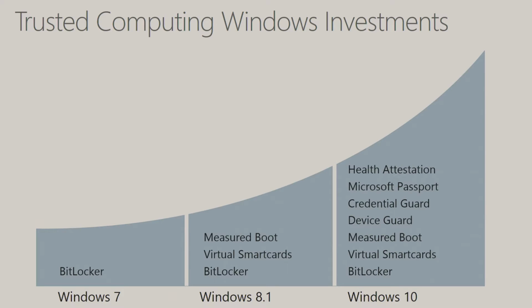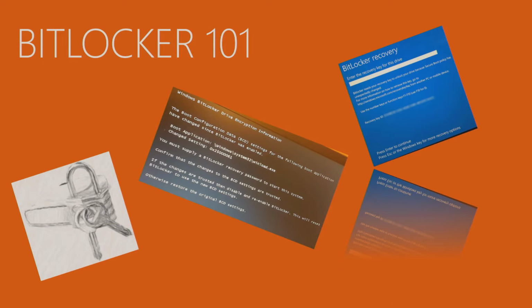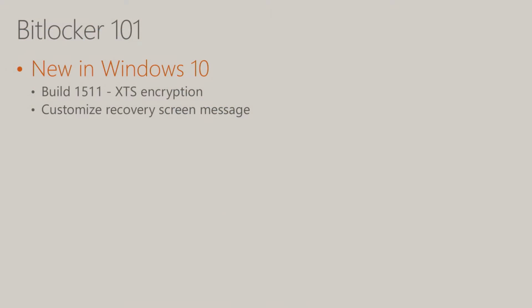Okay, BitLocker. By the way, anybody like the screens, recovery keys? In Windows 10, build 1511, we actually added XTS encryption. We got rid of Diffuser. For those of you that, in Windows 7, you had the 128 with Diffuser, 256 with Diffuser, and then Windows 8.1 came along, and you're like, well, where did that go?